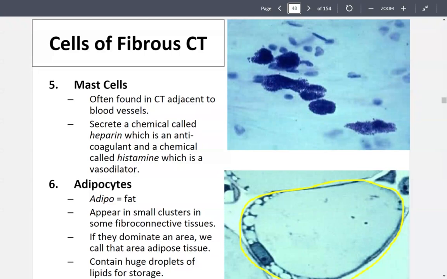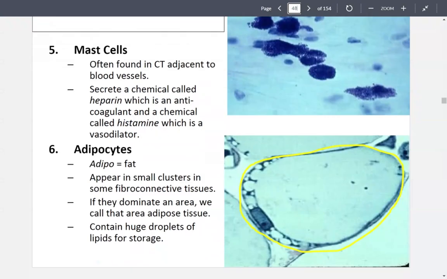Specifically, histamine is going to be a vasodilator, so it's going to expand the blood vessels, increasing blood flow, and this is going to be important for wound healing and infection fighting. Histamine is also going to be involved with the inflammatory response when we are undergoing wound healing. So that's actually going to be something we talk about when we get into the integumentary system portion of this PowerPoint. So the back half.